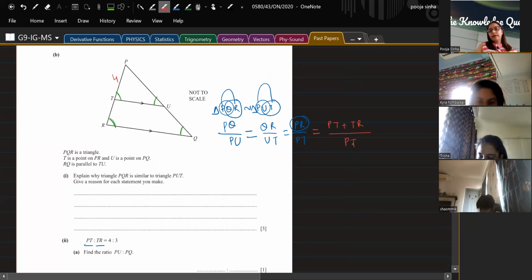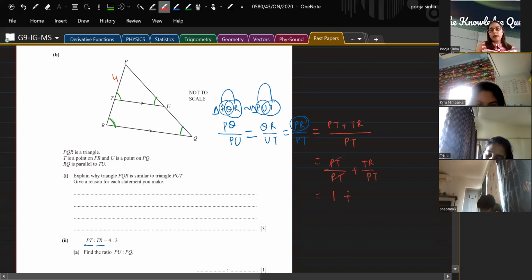Any confusion up till here? No? Okay. PT upon PT plus TR upon PT. PT upon PT will be 1.